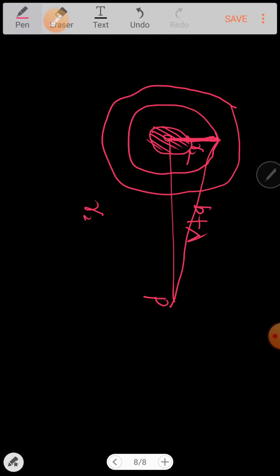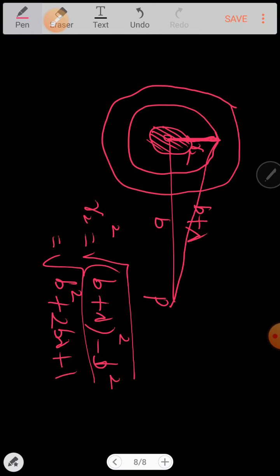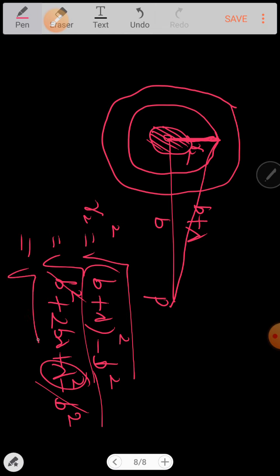That means R2 is root of b plus lambda the whole square minus b square, that is root of b square plus 2b lambda plus lambda square minus b square. b square gets cancelled, we neglect lambda square, and that gives 2b lambda.